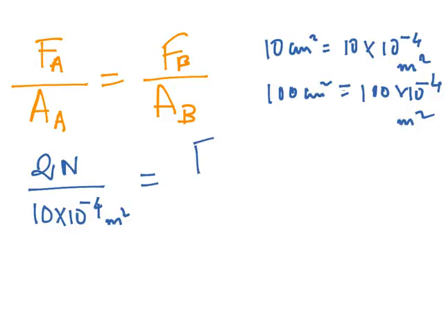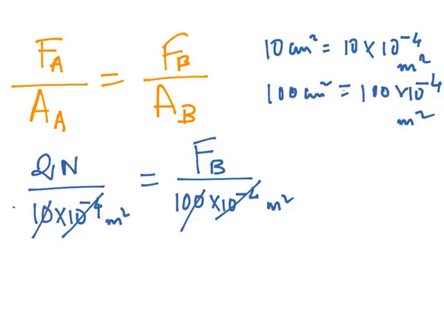We don't know the value of FB, so we keep FB as it is, and area of B is 100 into 10 to the power minus 4 meters square. So these get cancelled out. The 10 to the power minus 4 cancels, so this becomes 1, and this is 10.